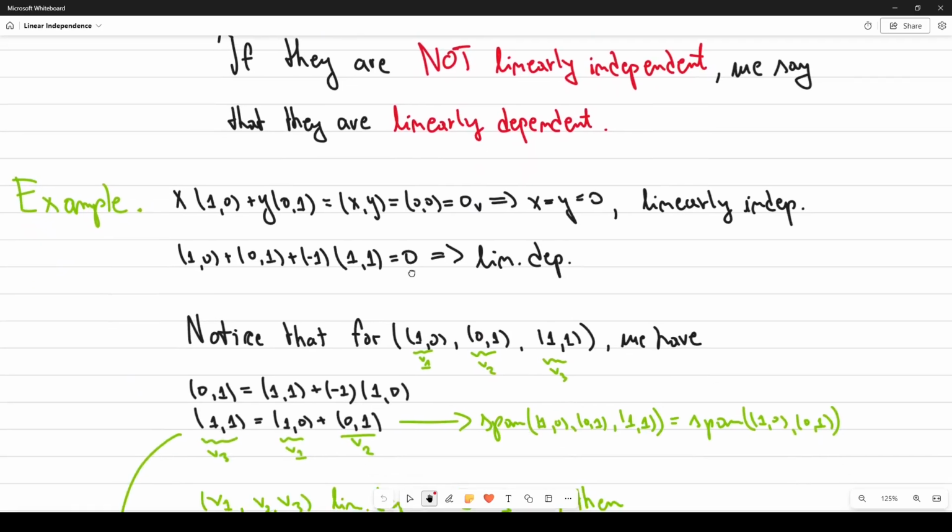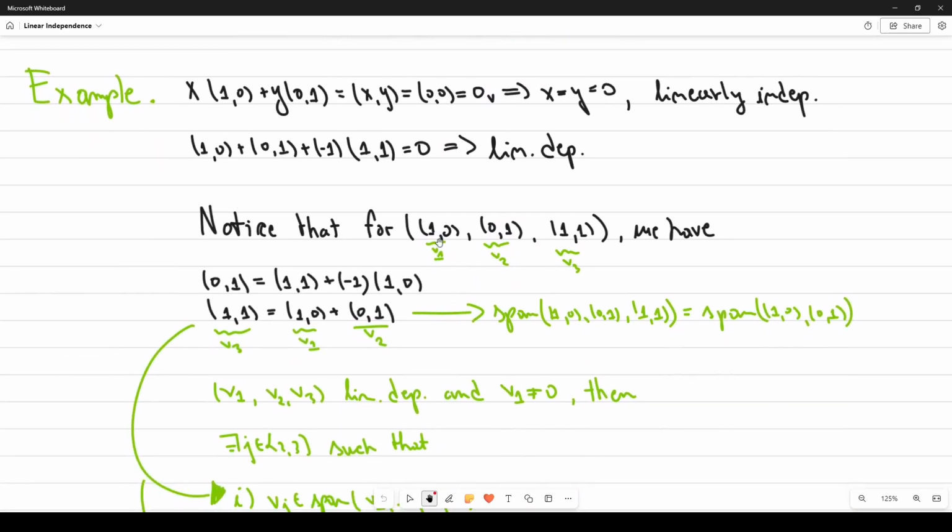So let's look at an example. Here we have this linear combination of the vectors (1, 0) and (0, 1), which is equal to this, and we set that equal to the 0 vector. And, from our vectors being ordered pairs of real numbers, it follows that x and y have to be equal to 0.